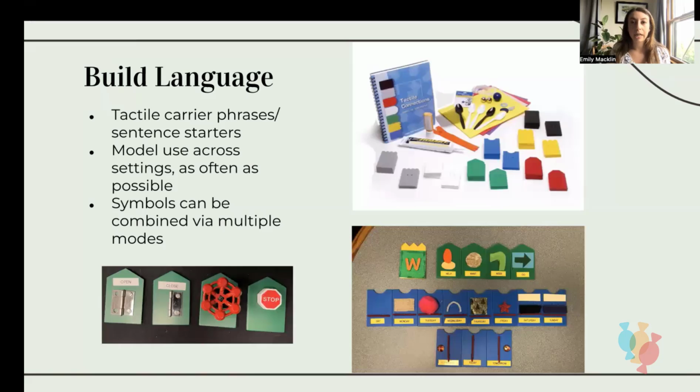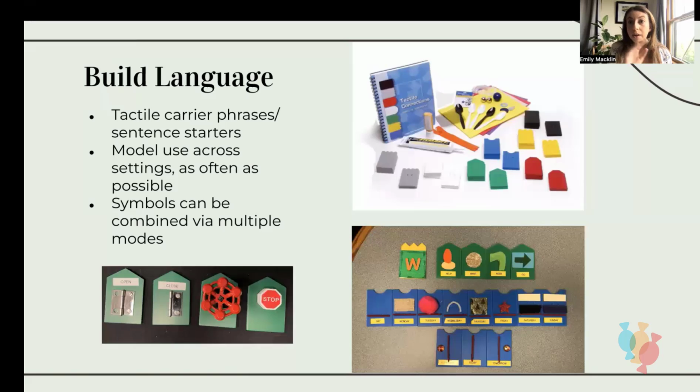We don't want to get stuck just at that fringe vocabulary, those most meaningful words to the learner. They could be their favorite toys, activities, people, etc. We want to build carrier phrases with that. So a really good opportunity, an example: say they're doing some choice making and you give them four tactile choices of preferred games, perhaps with a foil in there, depending on what your targets are.